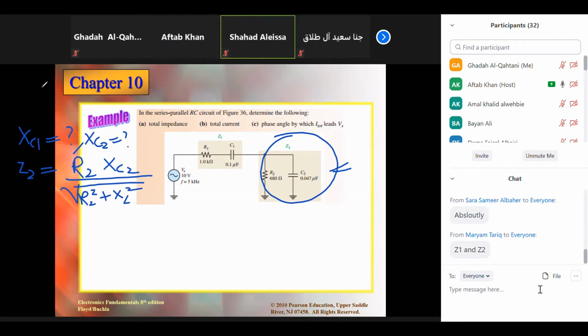Correct. So this way I will get Z2. Similarly, I can get theta 2, or theta p for the parallel circuit, whatever name I give. So theta p, what will it be now? Tell me the formula. Tan inverse, what should it be?